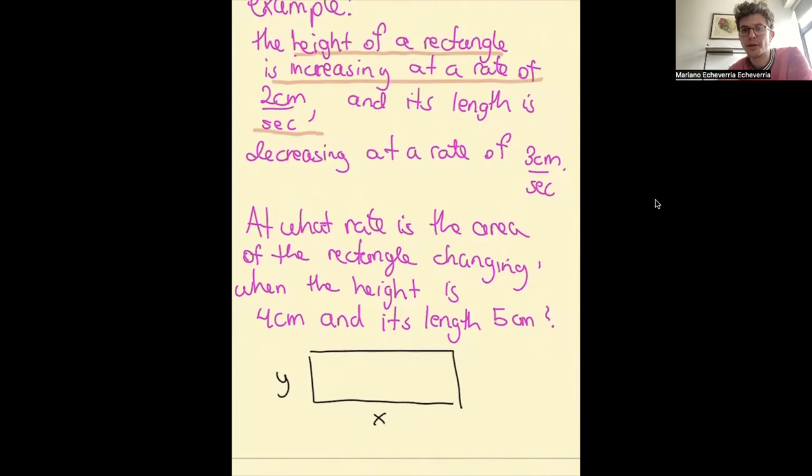So if you think about that, first it has the magic word rate, and that should suggest a derivative. And moreover, the rate that is given to you has some units, as I was saying.